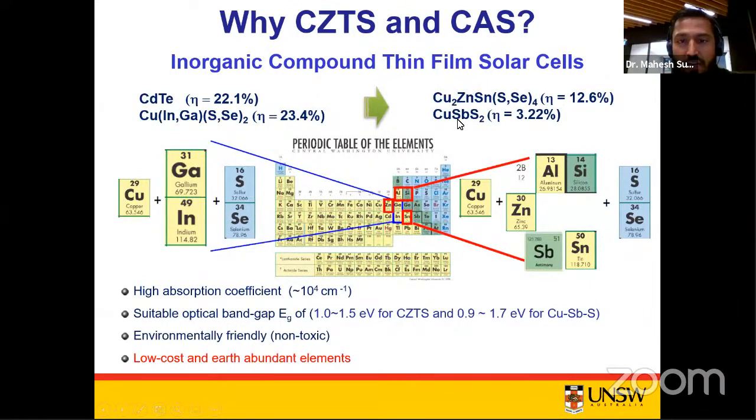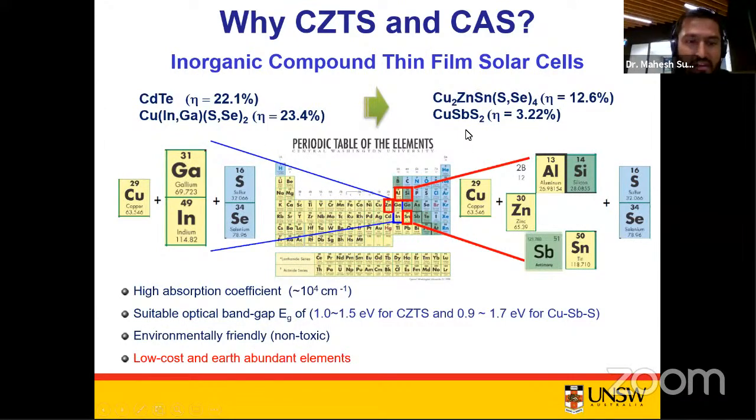Similarly, there is copper antimony sulfide, that is CuSbS2. Of course, this compound has four different phases, but we are mainly focusing on CuSbS2 because of its optimal band gap energy for high efficiency conversion of sunlight into electricity or H2 fuel. So we'll be mainly focusing on the CuSbS2, which has achieved an efficiency of 3.22%.